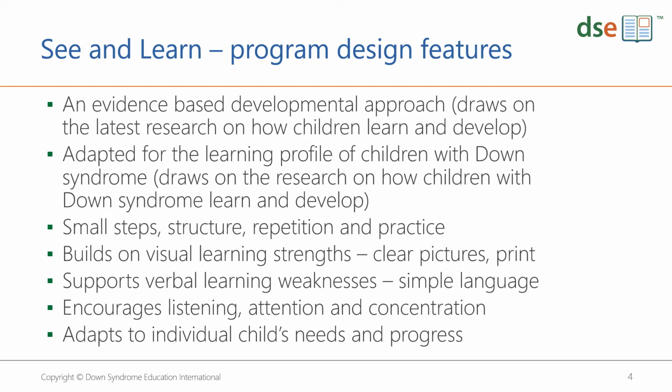All the activities that we engage in encourage children to develop their listening skills, to increase their attention and concentration. And we make sure all our materials are carefully adapted to children's individual needs. In other words, you step through the program at the pace that's appropriate for an individual child.